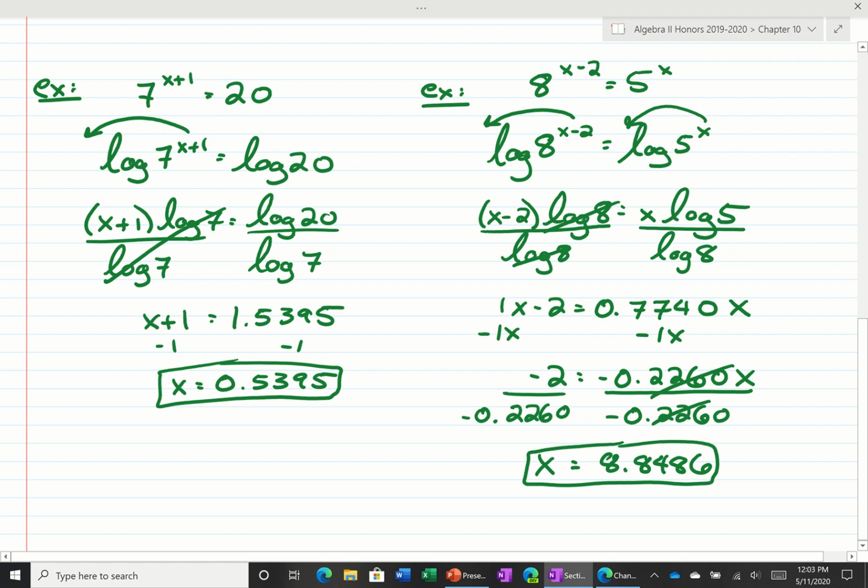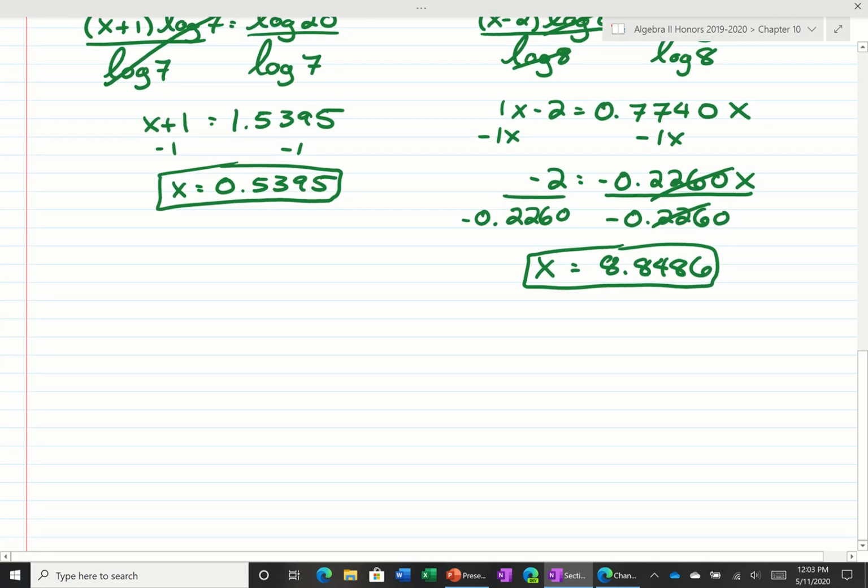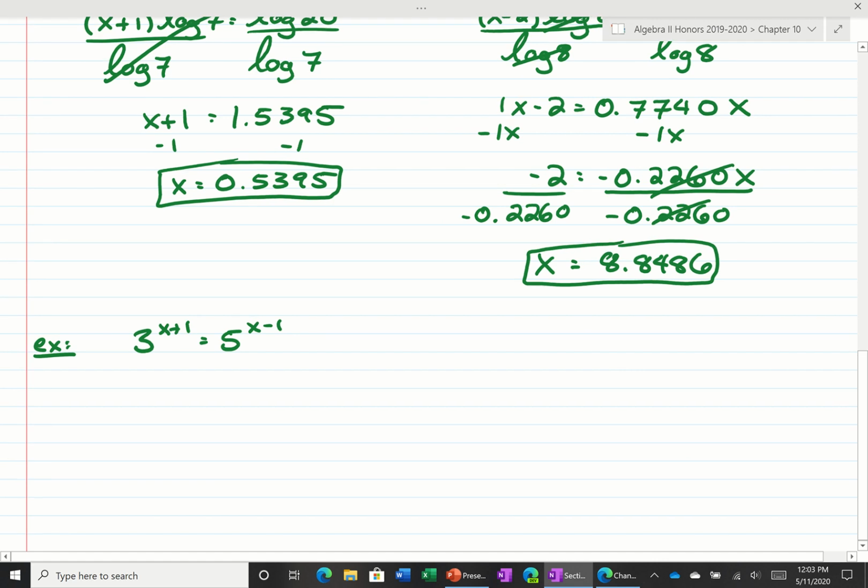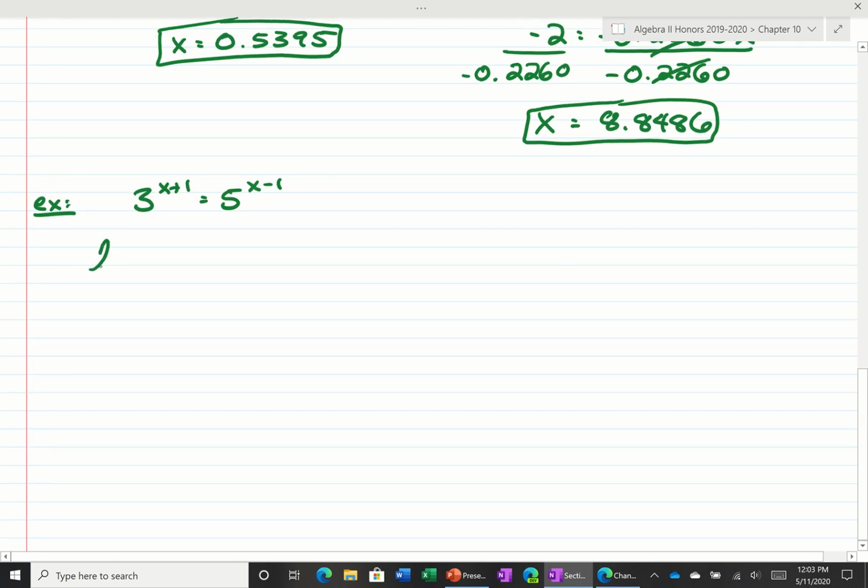All right, one more problem. It'll be similar to this. What if it was 3 to the x plus 1 power is equal to 5 to the x minus 1 power? Now this is the hardest kind of problem that we would see, but we know because it's an exponential equation, we could take the log of both sides and then bring that power down so that we could work with it.